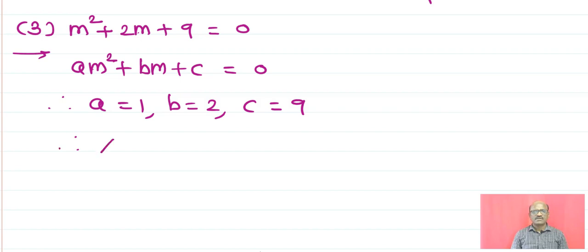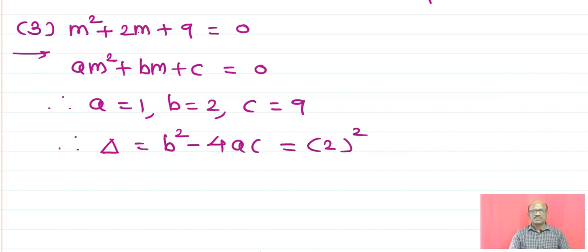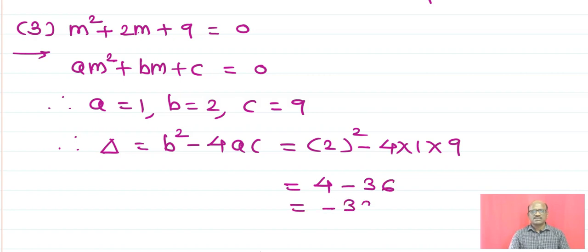Therefore, delta is equal to b square minus 4ac, that is 2 square minus 4, a is 1, c is 9, that is 4 minus 36, that is equal to minus 32.